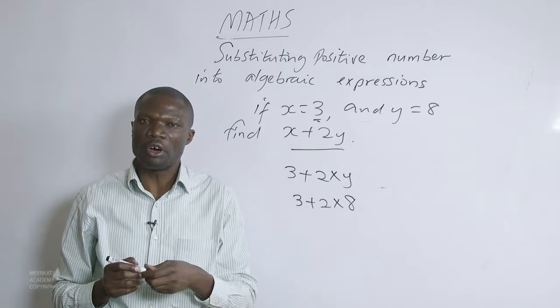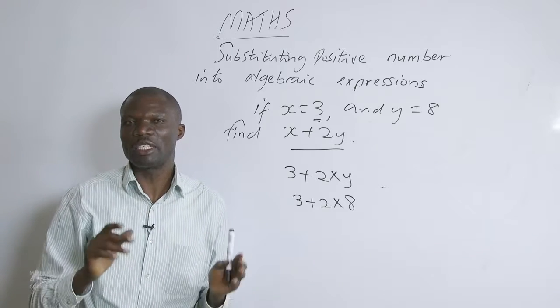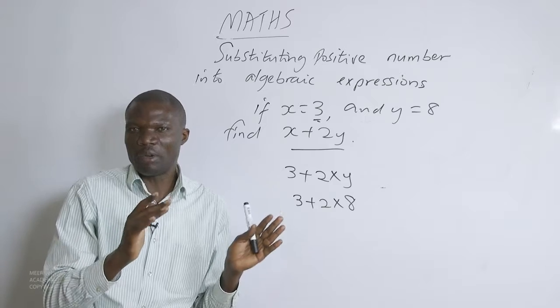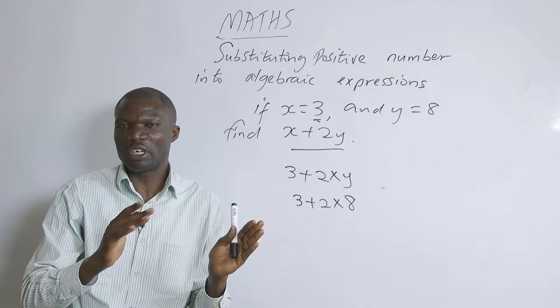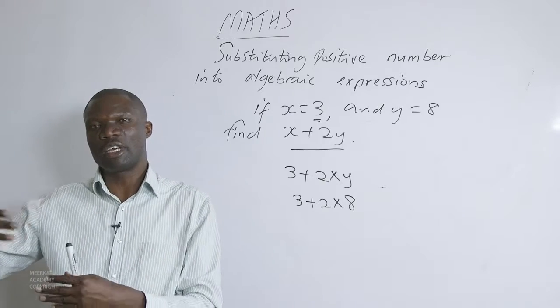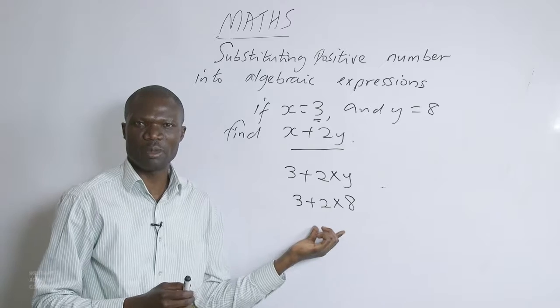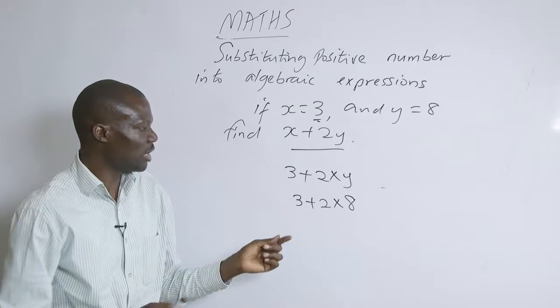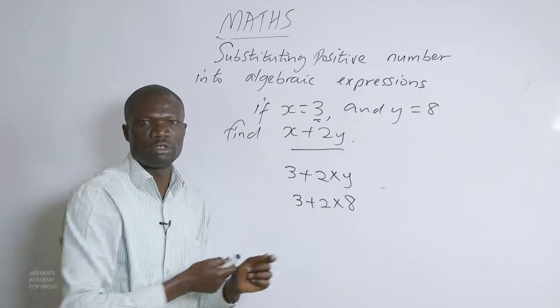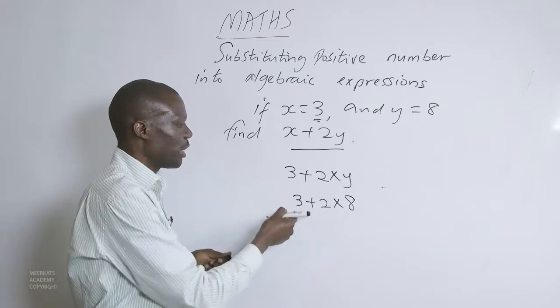Taking you back to the order of operations. The order of operations says that after the brackets we move to division and multiplication starting from the left, and then addition and subtraction. The one that follows here is the multiplication, which means we shall first resolve 2 multiplied by 8, and then we add 3.